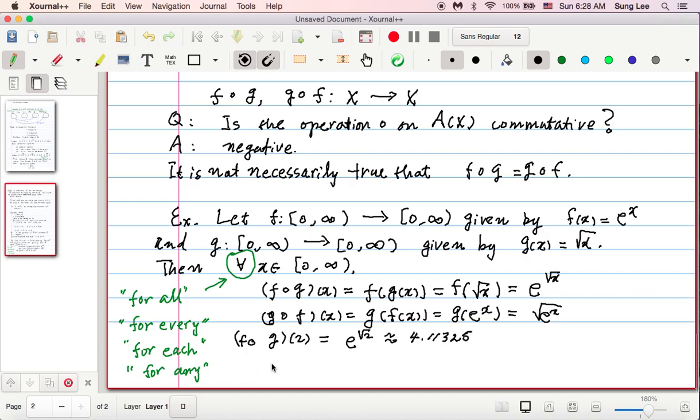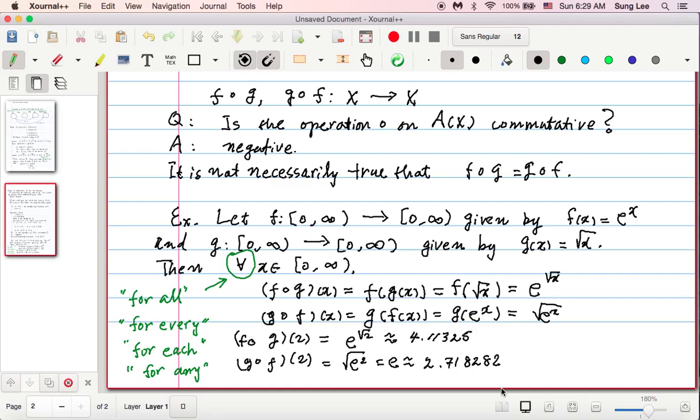On the other hand, f followed by g of 2 is the square root of e squared, which is the famous number e, whose value we know: 2.718282. Clearly, these are two different numbers.